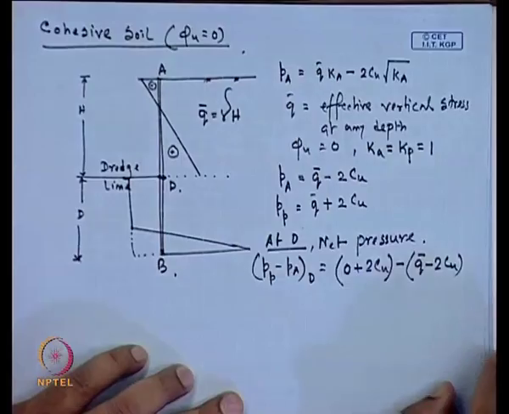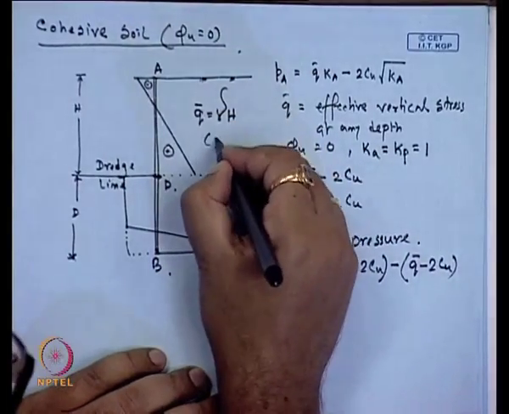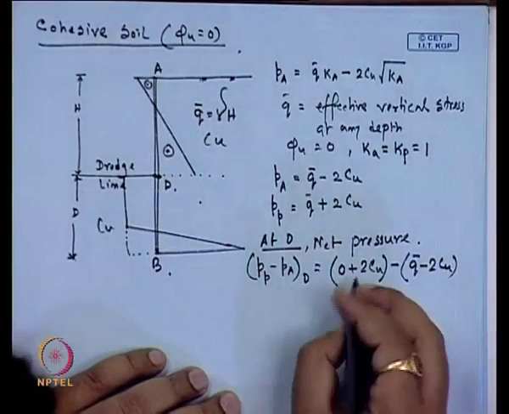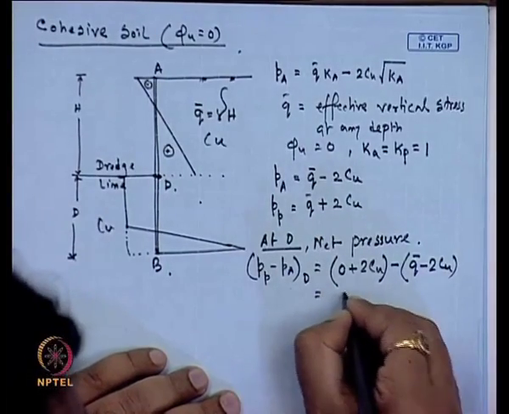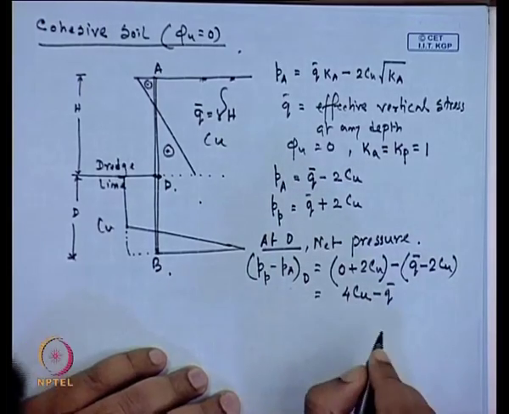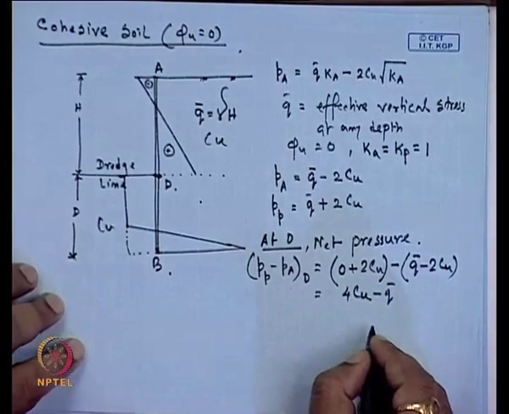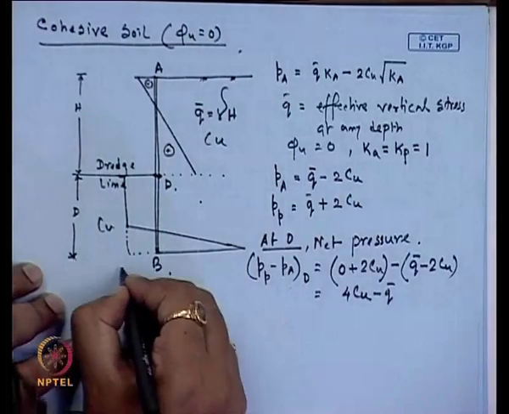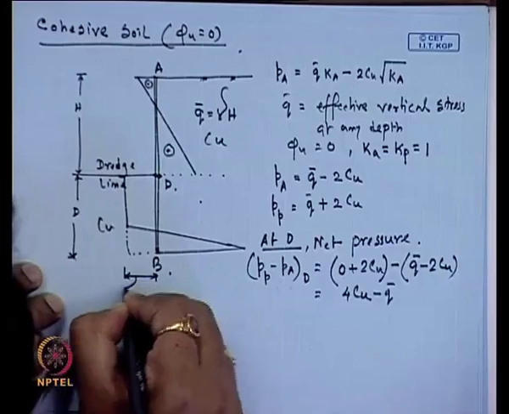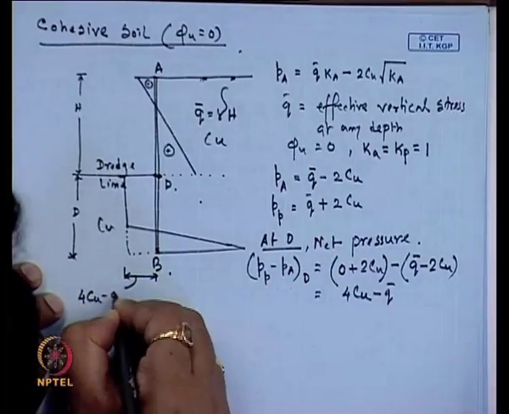If there is the same soil, C_u is here also and C_u is also here. So, the net pressure is 4 C_u minus Q bar. So, at this point this value is 4 C_u minus Q bar.